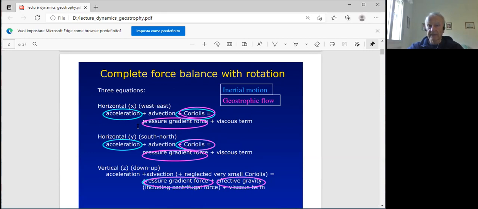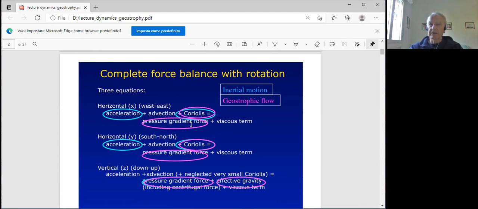So we have the acceleration in all these equations. We have the advection of momentum. We have the Coriolis force, which we will be talking about in a minute. As the forces on the other side of the equation, we have the pressure gradient force and viscous forces.